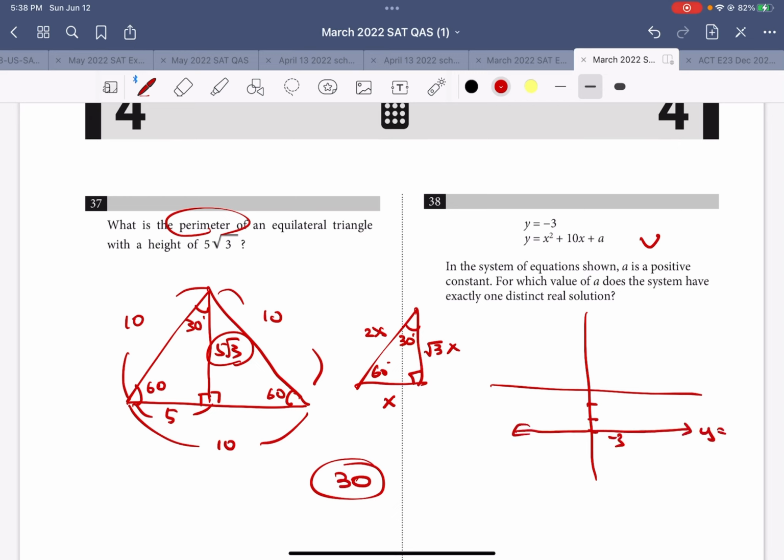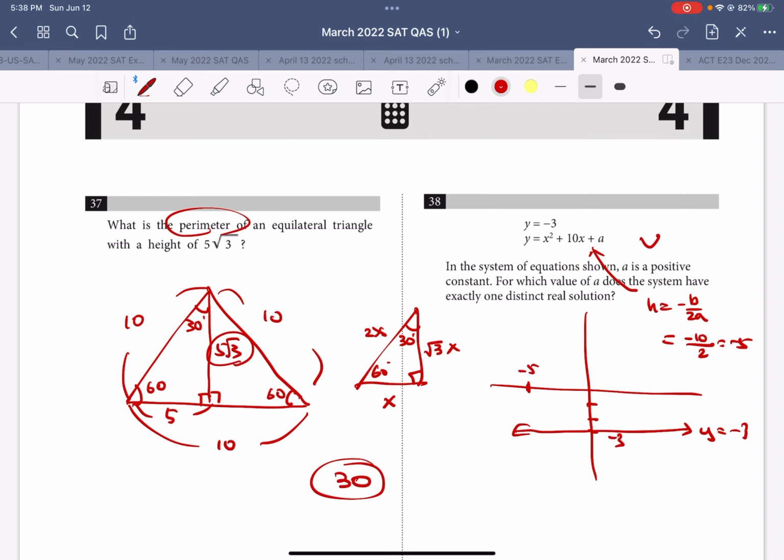And an open upward parabola. We don't know where it is, but we know the location of the h value, I'm talking about the vertex x-coordinate. H is negative b over 2a. It's good to know if you memorize. Negative b over 2a, so negative 10 over 2 times 1, which is 2. So negative 5. So somewhere here, negative 5.